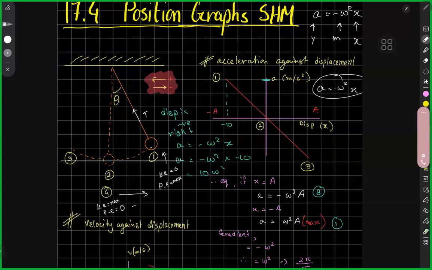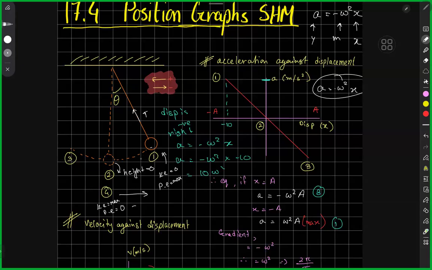Okay, so basically at the lowest position I have minimum potential energy. Why? Because I'm considering the lowest position as my reference point, where mgh is considered to be 0. So I consider this as height equals 0, and any point upwards of this I consider a positive height.